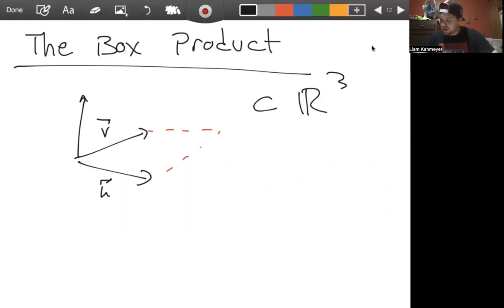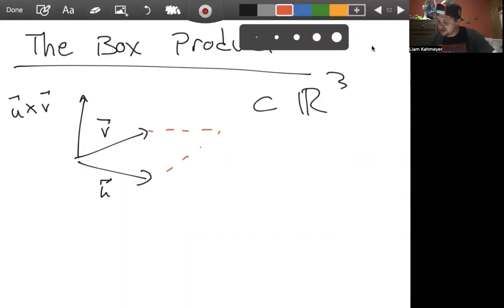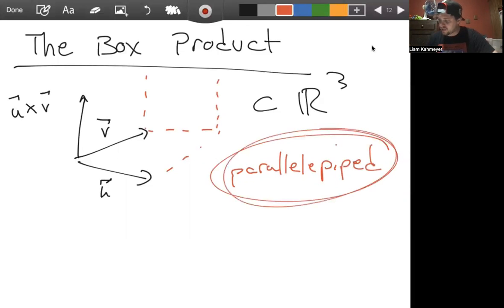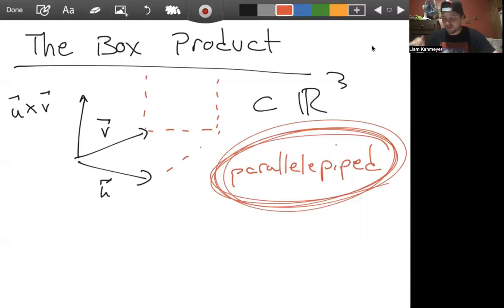So if we have this normal vector, u cross v, this triple spans a parallelepiped. I hate that word, but that's what it's called. So we have a parallelepiped here spanned by u, v, and the cross product.